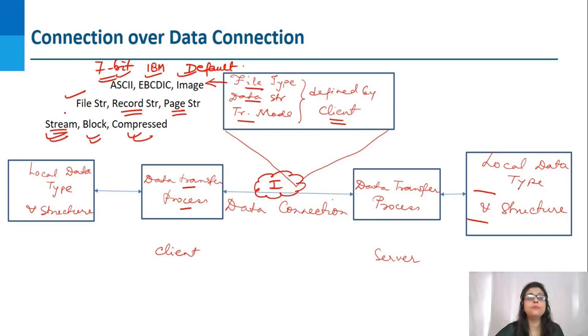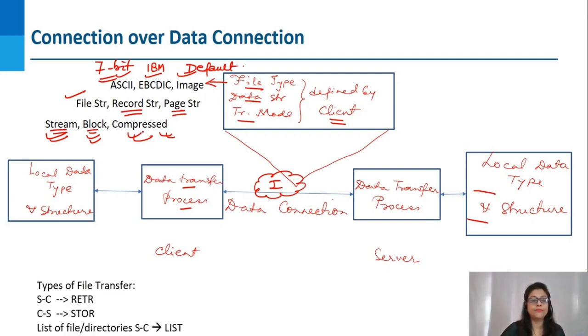Stream means all the bit streams are sent one by one. The block means the bit streams are divided into several blocks, and these blocks are then transferred. And compressed means if the file or the number of bits is very large, then it should be compressed.